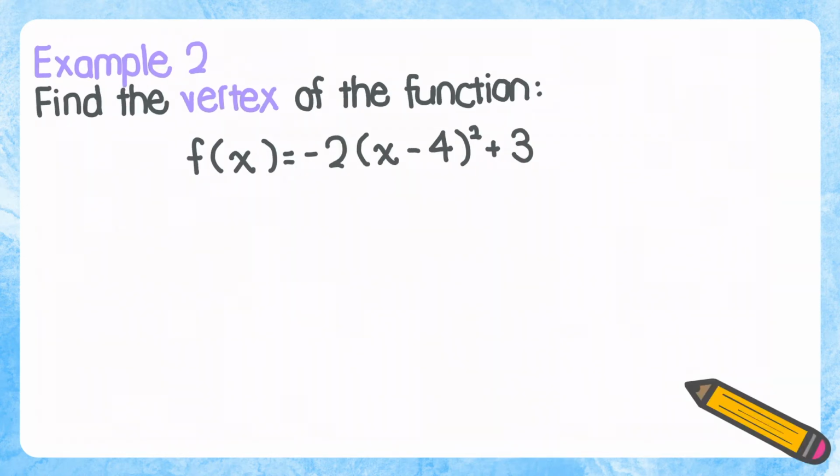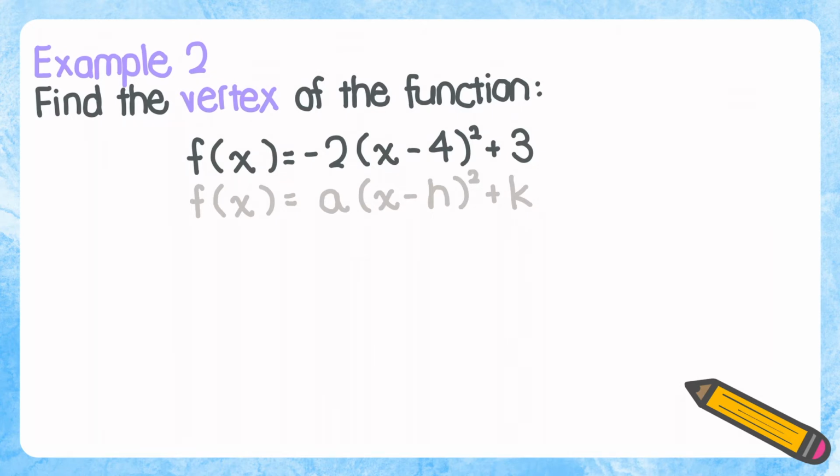Next, let's find the vertex of this function. f of x equals negative 2 times x minus 4 quantity squared plus 3. The general vertex form is f of x equals a times x minus h quantity squared plus k. So we have an exact match.